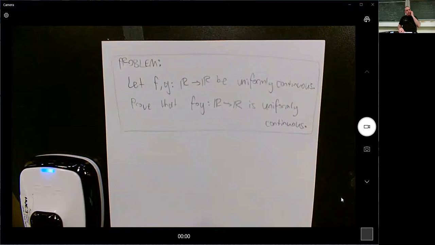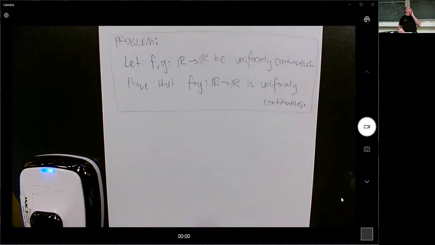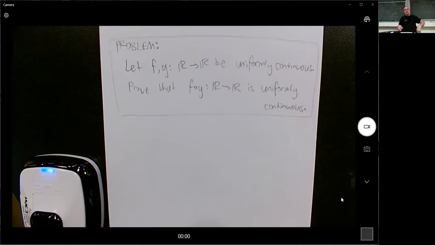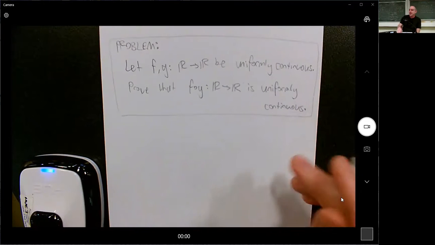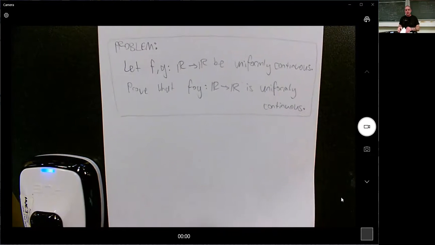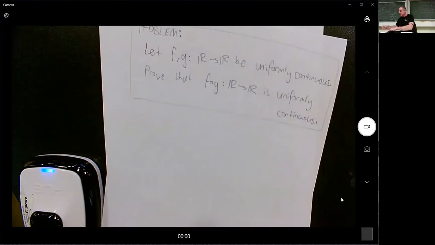Okay, so here's the thing. It would be really important to know what uniformly continuous meant from the context of this course. And it might be good to talk about the difference between ordinary continuous and uniformly continuous.